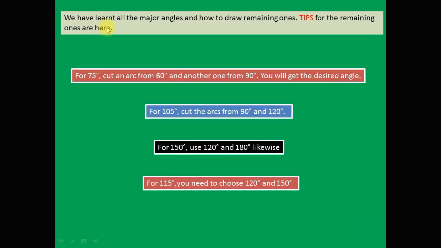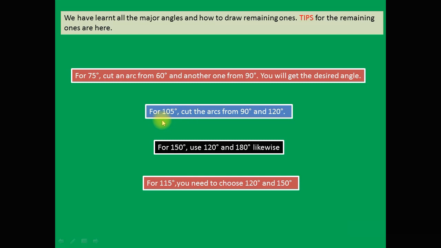Now we have learned all the major angles and how to draw remaining ones. Tips for the remaining ones are here. For 75 degree, cut an arc from 60 degree and another one from 90 degree. You will get the desired angle.